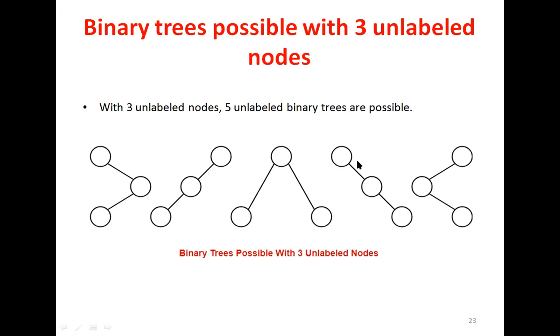This is another tree, root node, right child and its right child. And this another, this is a root node, left child, and this node's right child. So these are the possible trees using 3 unlabeled nodes. Can you construct any more type of tree other than this, students?